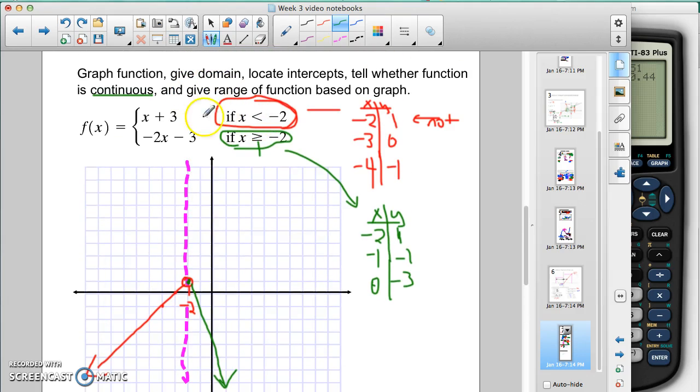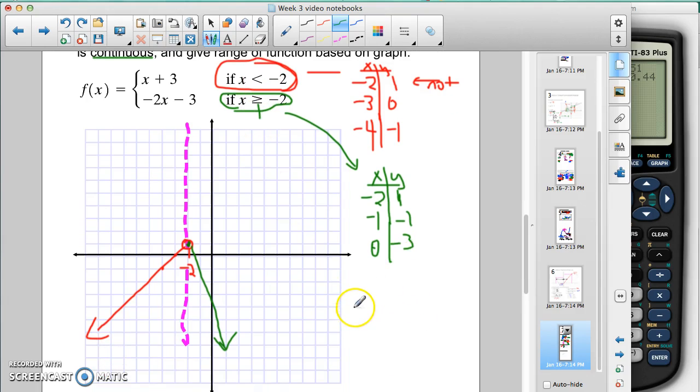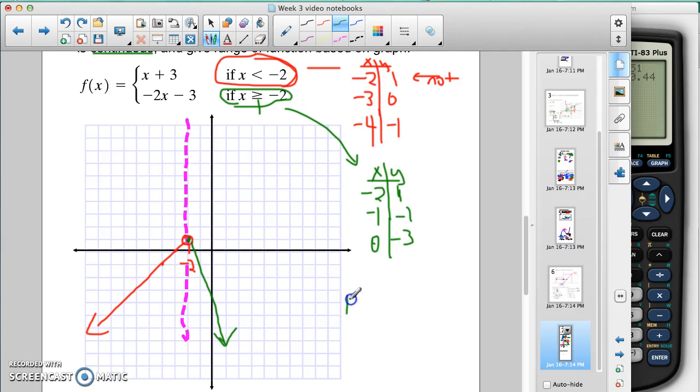Okay, our domain, since we're going less than -2 and greater than or equal to -2, our domain is all real numbers.